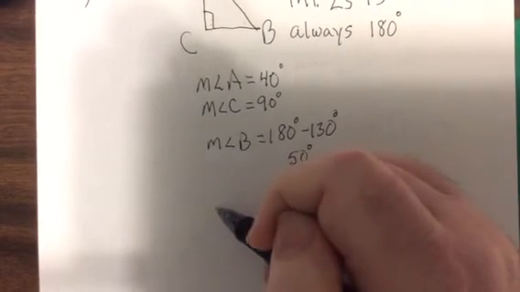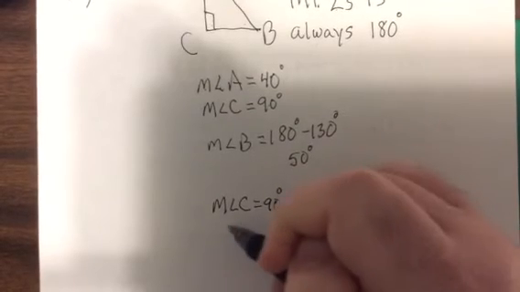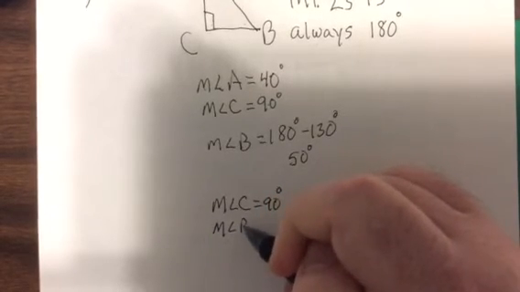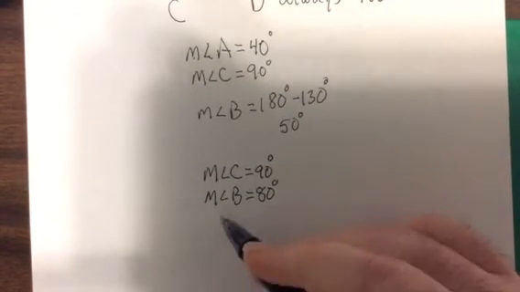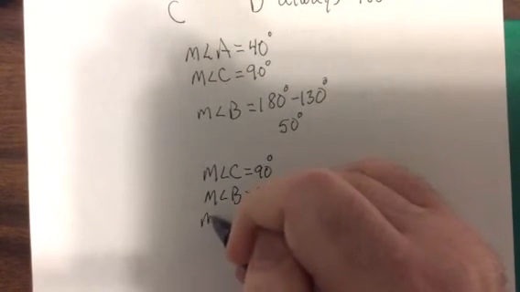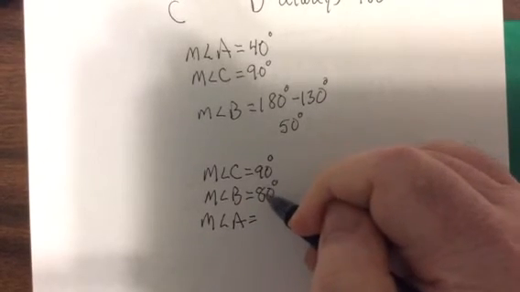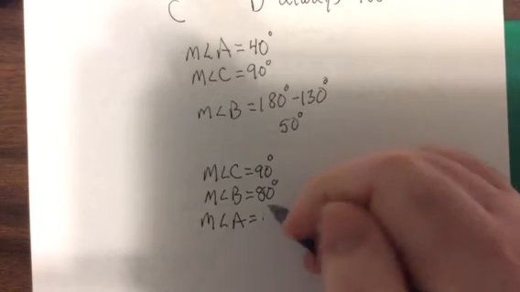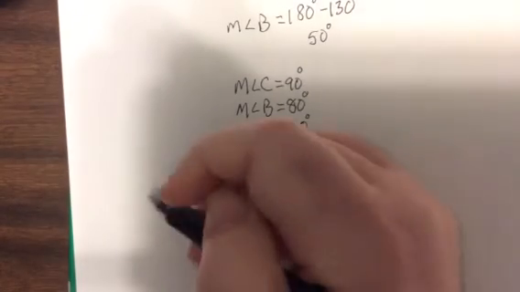So what if I told you the measure of angle C is 90? The measure of angle B is 80. What's the measure of angle A? Figure it out in your head. Well, if this is 90, these two are complementary, which means they add up to 90, so it'd be 10. So do these two for me.